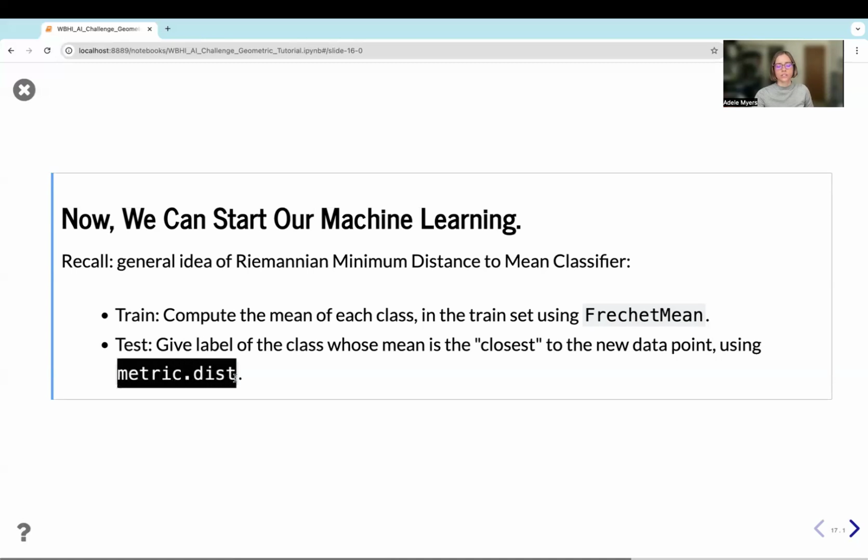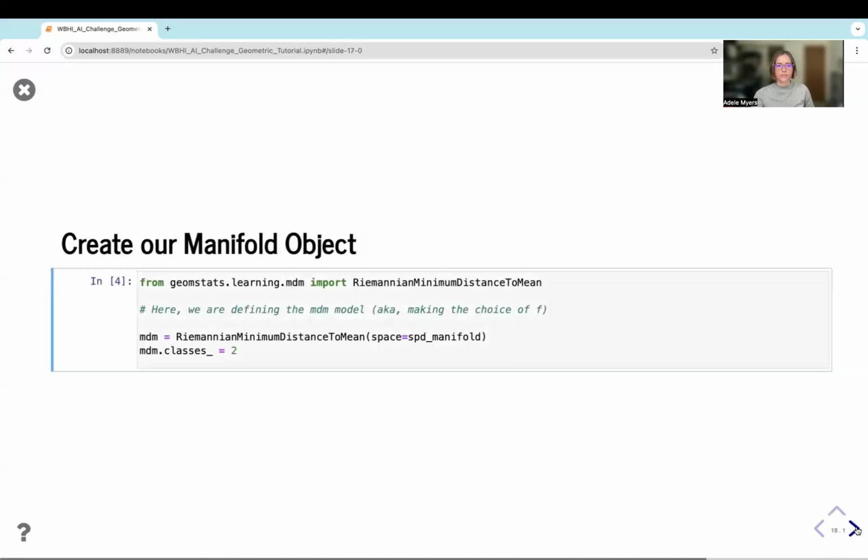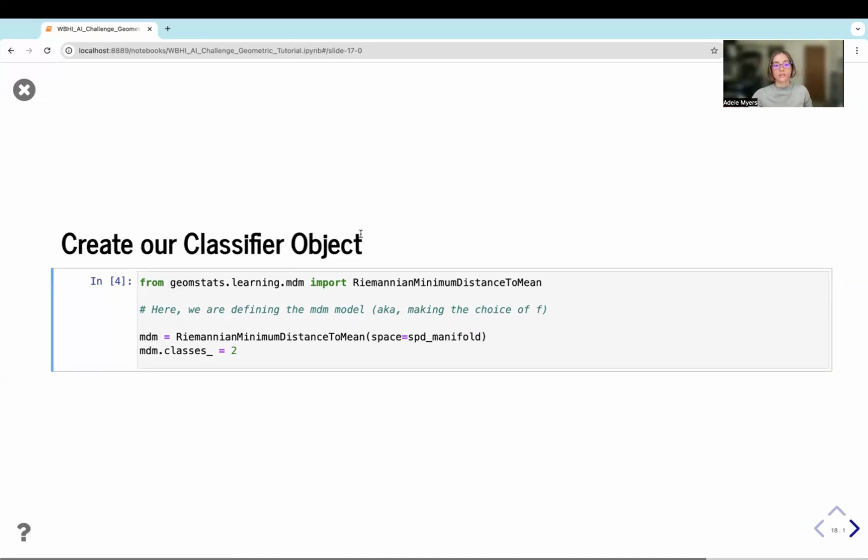This is just a function that helps us compute distances on manifolds. First we create our classifier object, because we already created our manifold object a few slides earlier. There are two classes, so that's why we set the number of classes to 2.